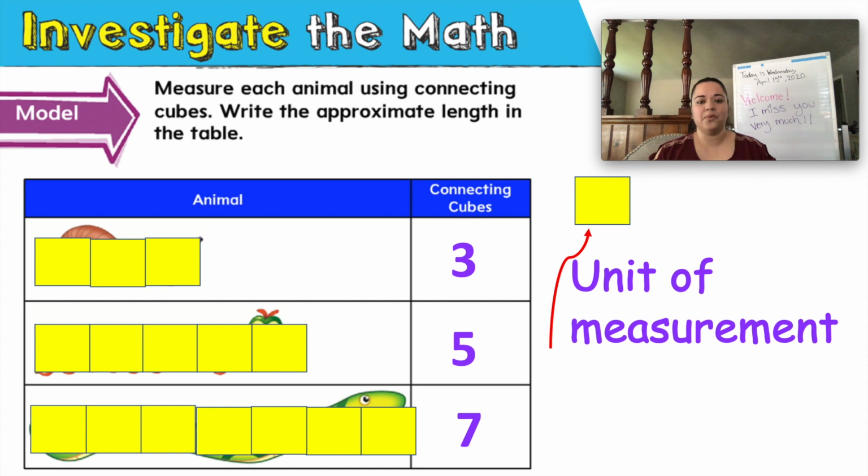It's very important that we always mention the unit that we're using, whether it be standard or non-standard. In this case, we're learning about non-standard, so I have to make sure I tell you what unit I'm using.